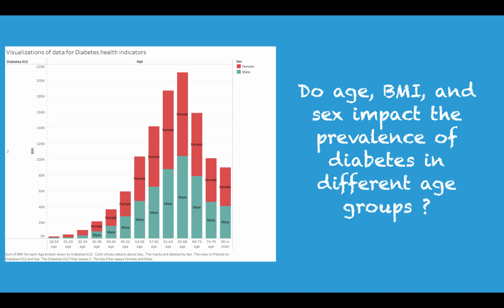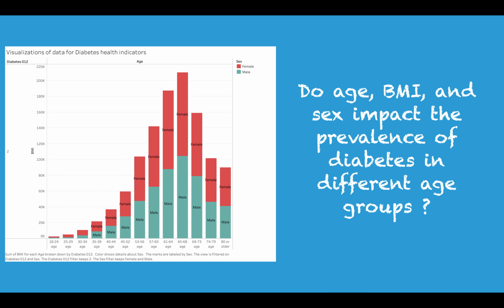So by analyzing the two graphs, we can say that there is a clear relationship between age, BMI and diabetes. According to the bubble graph, BMI rises with age, with the 53 to 68 age group having the highest average BMI recorded. The bar graph demonstrates that diabetes likewise rises with age.